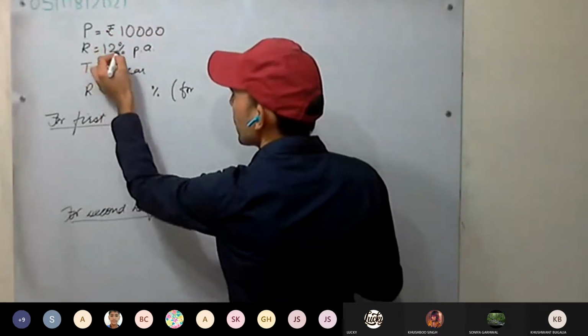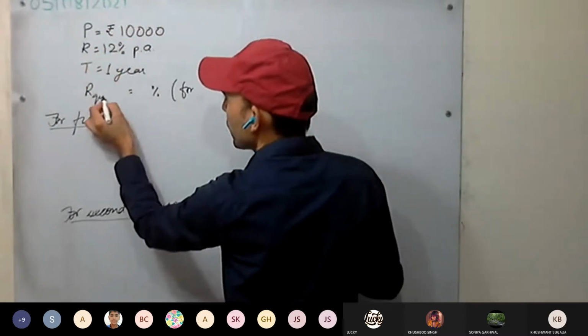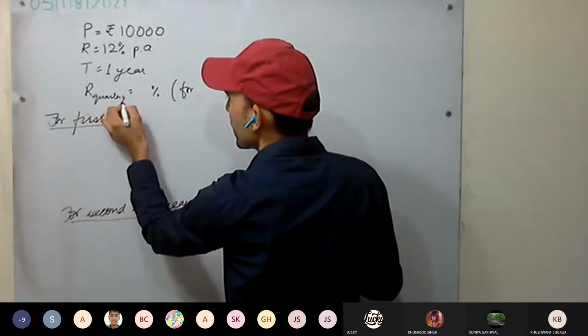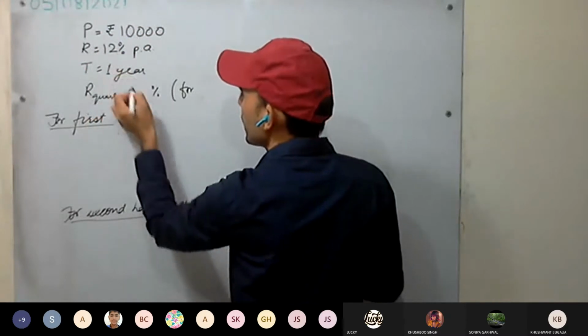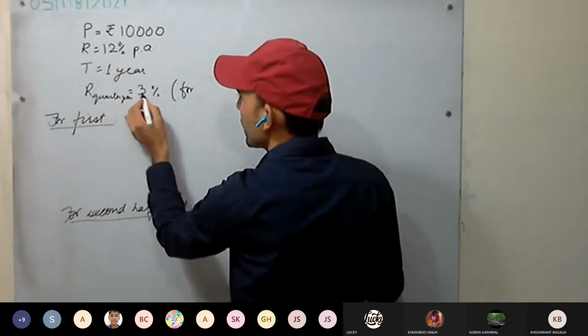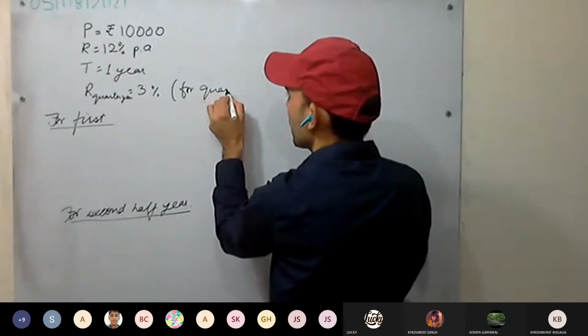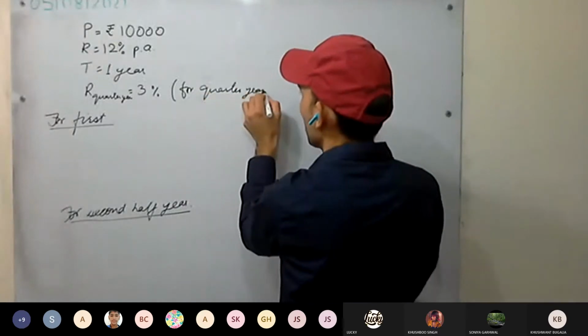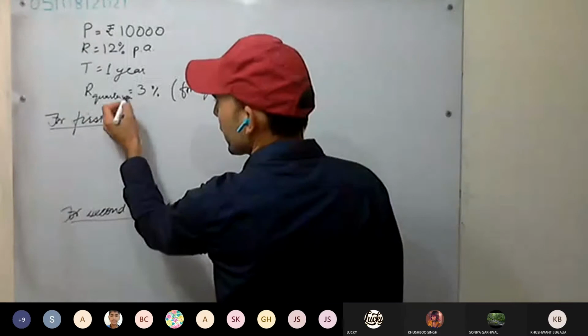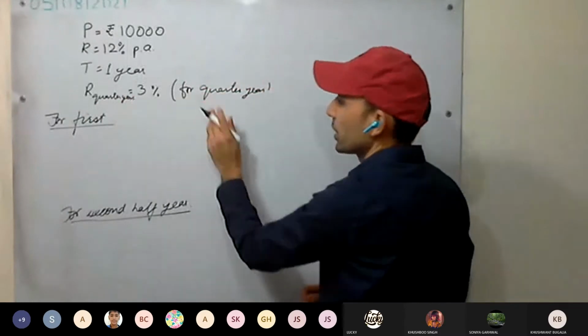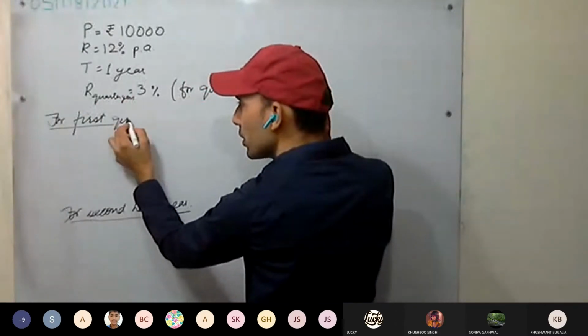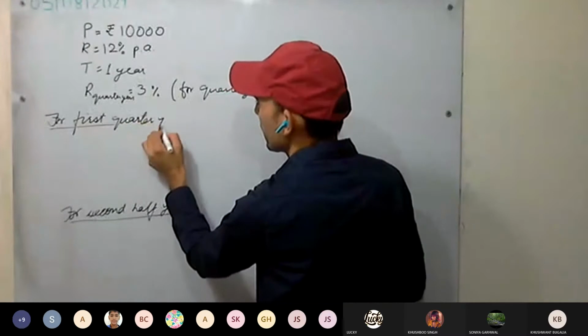The rate is 12% for 1 year, and the rate for a quarter year will be 12 divided by 4, 3% for a quarter year. No need of writing here, but we have written it just to make you sure. For the first quarter year.